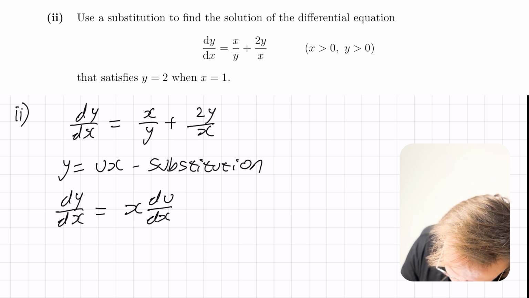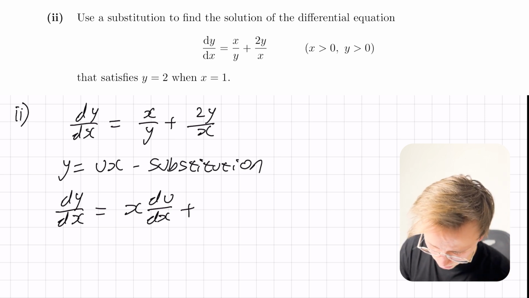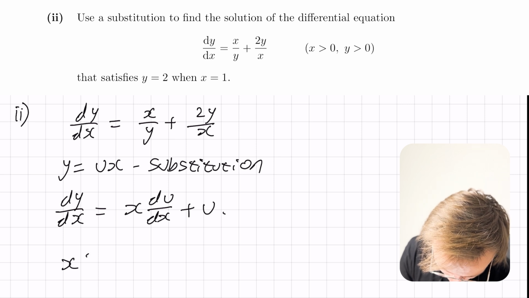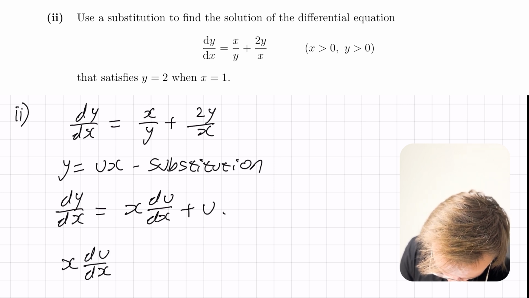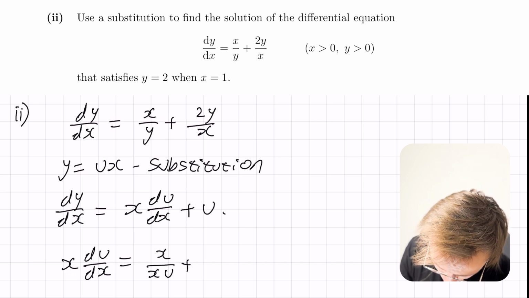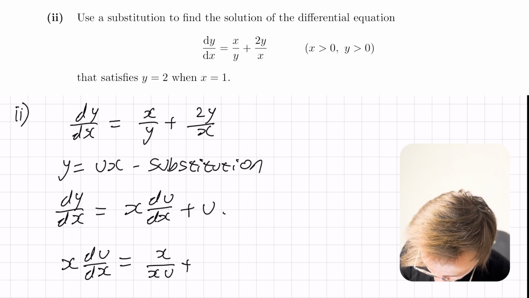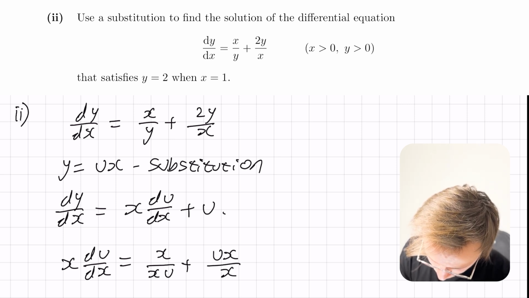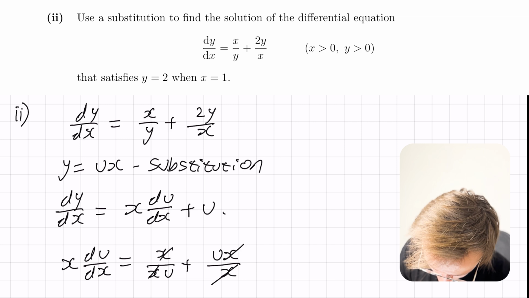I'll just write substitution here just so I know what I'm doing. Then I've got x du by dx plus u equals, and then I had x over xu plus 2y over x, which was 2ux over x. Those cancel as before.